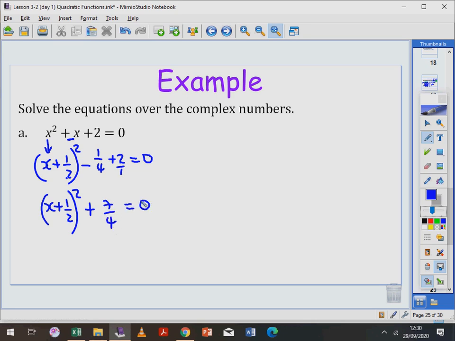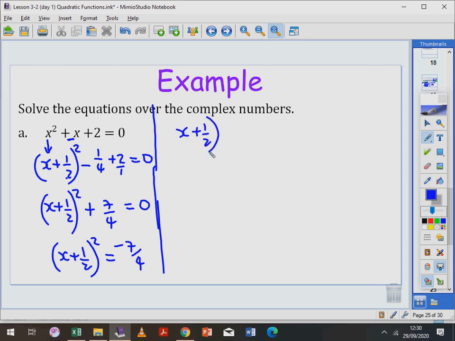So if I am using completing the square, this is (x plus half) squared equals negative 7/4. Now that's where it gets interesting, because I have to solve for that expression. x plus half is equal to, I will need to take the square root of negative 7/4.